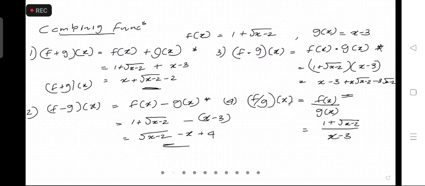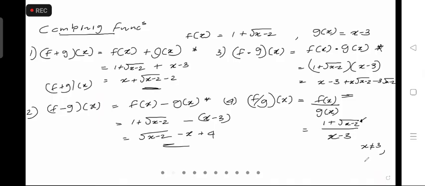But here you have to be a little bit careful because now this is the function. You have to mention the domain inside these functions. You can see there is a square root, and in the denominator you can see x minus 3. So you have to write here that you cannot apply x equal to 3. You consider this one.